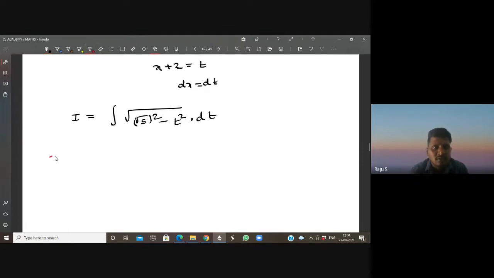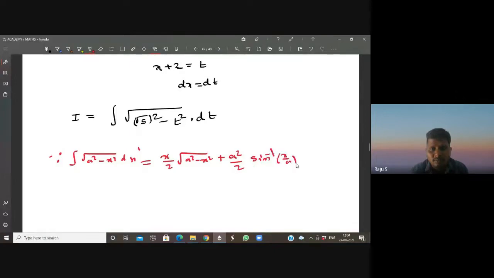Since if you observe here, it is in the form of root over a square minus x square dx. What is the formula for root over a square minus x square? Yes, students. This is equal to x by 2 root over a square minus x square plus a square by 2 into sine inverse x by a. This is the formula.